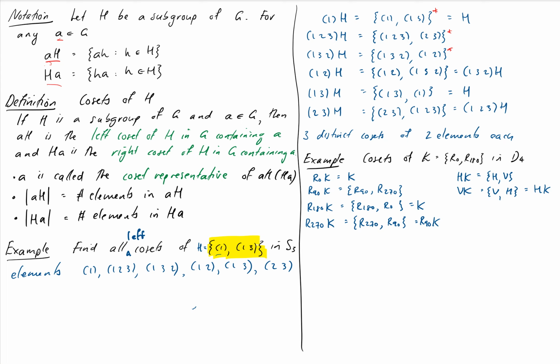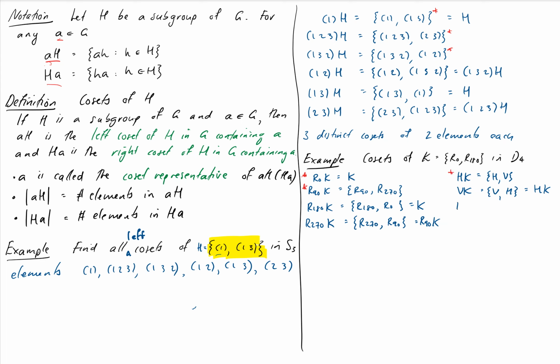So again, if we were going through asterisking our unique ones, there's that one, there's that one. In fact, let's put them here. That one doesn't appear more than once, so that one's unique. R180K, we've seen that already, that was R0. R270K, that was the same as R90K. HK, that was a new one, so HK gives us H and V. VK gave us that one back again.